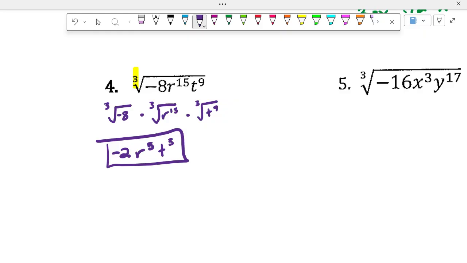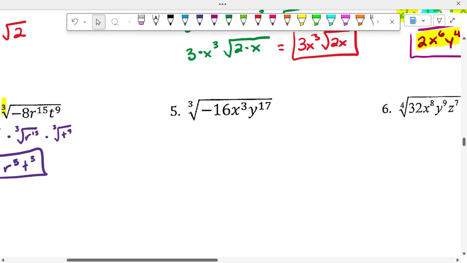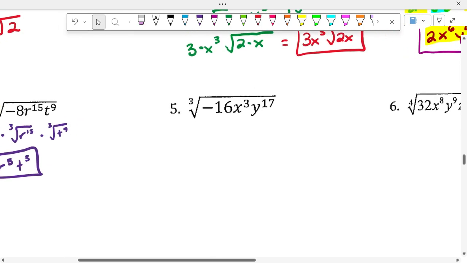So guys, does it actually help, separating it and doing things like that? All right, let's try another one. So, is 16, or -16, I should say, a perfect cube? Yes, no, maybe?